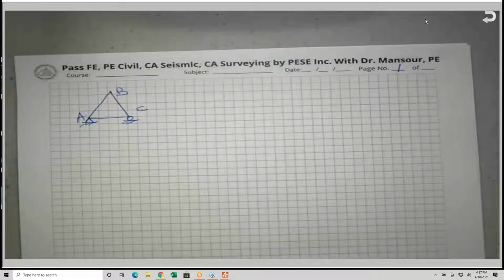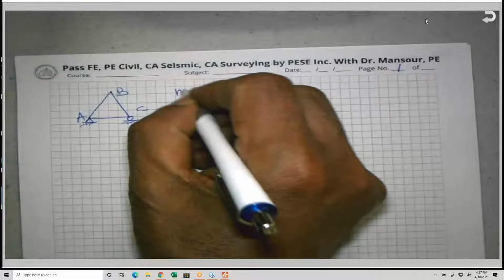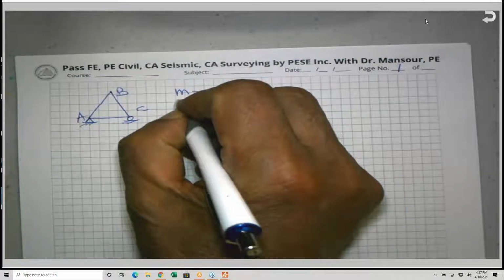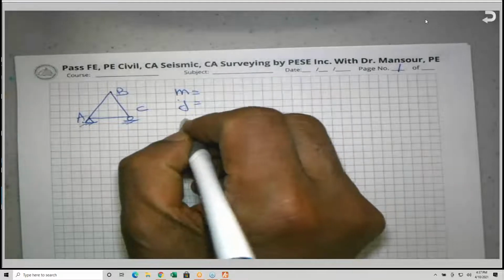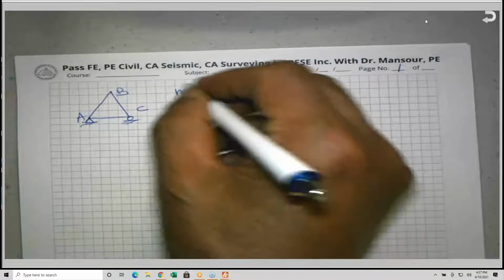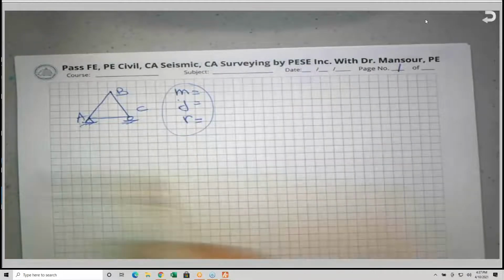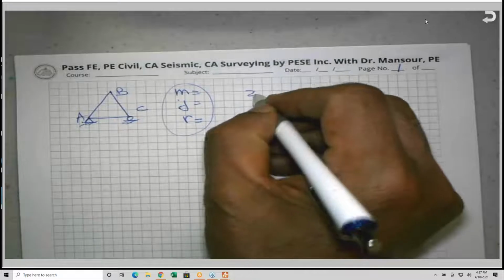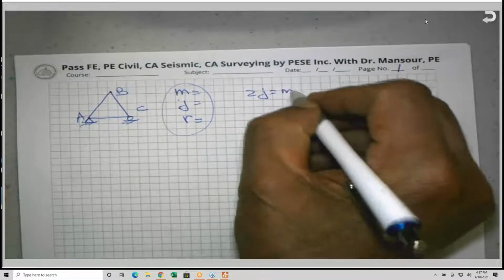It must be this triangular shape, and we have M as the number of members, J the number of joints, and R the external reactions. And we're going to see in the section under structure analysis the equation 2J = M + R.